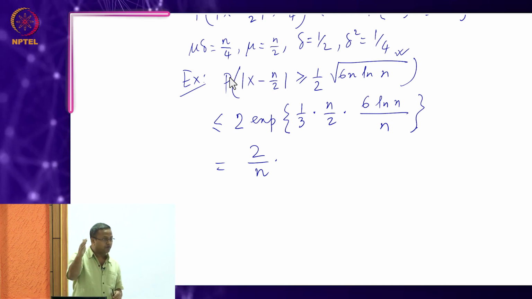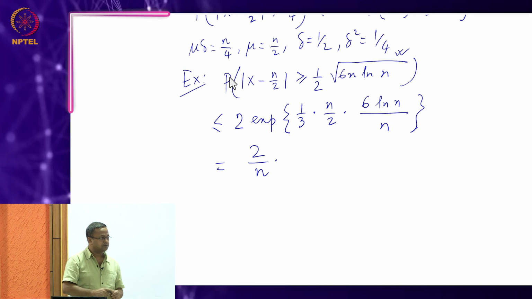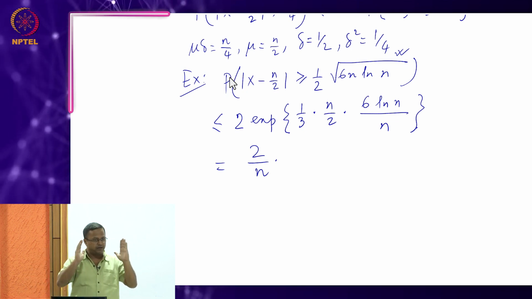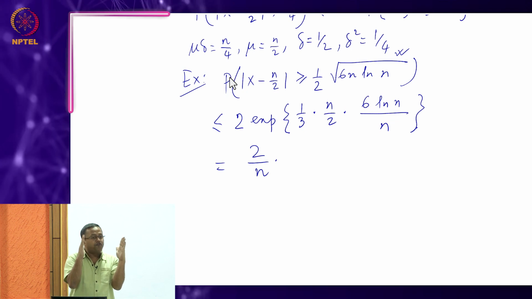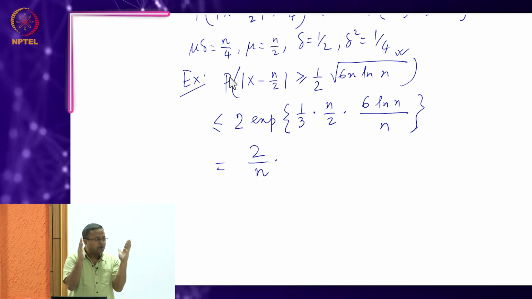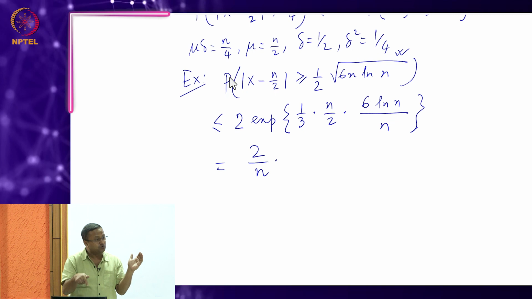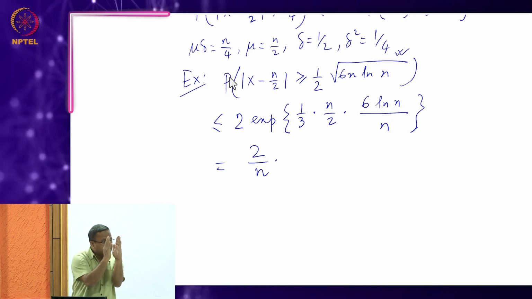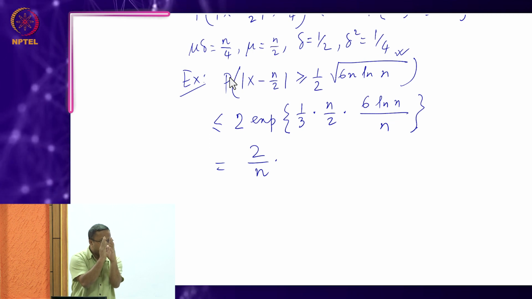Square root n, you have come down by that much. Earlier, Chebyshev to give you 4 by n was allowing you a range of n by 4, but Chernoff is giving you that almost comparable value where the range is very small.